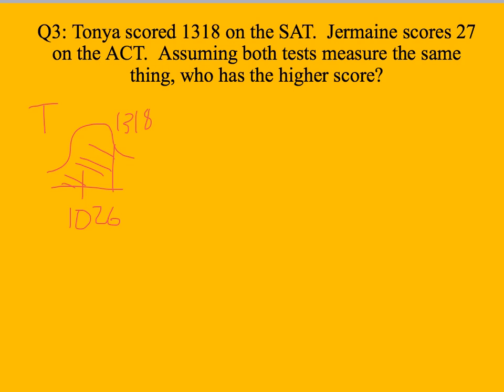I can do that by finding her z-score, which is 1318 minus 1026 divided by the standard deviation, which was 209. So 1318 minus 1026 divided by 209 gives me 1.40.